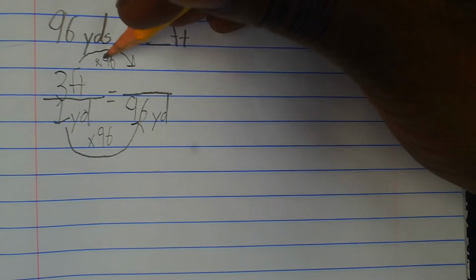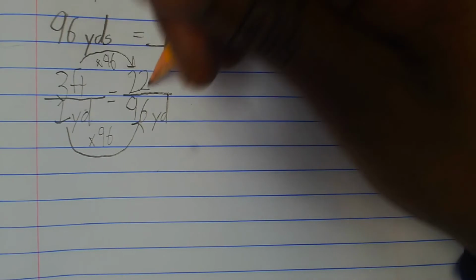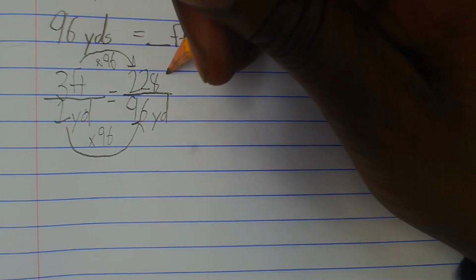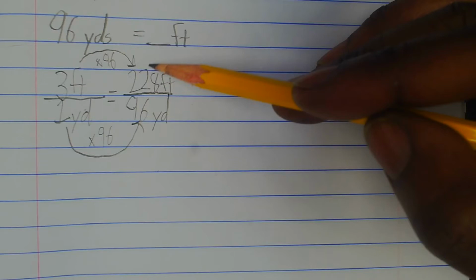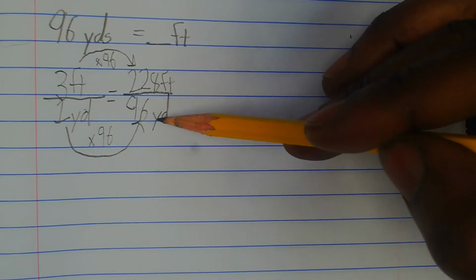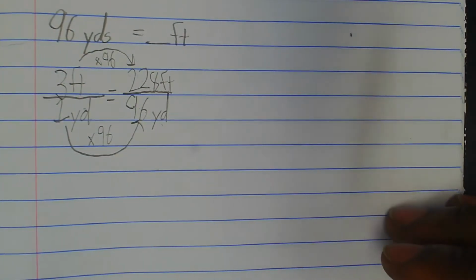If we multiply 3 times 96, that's going to give us 288 feet. So in 96 yards, there are 288 feet. I'm sorry, I said 228 earlier, but it's 288.